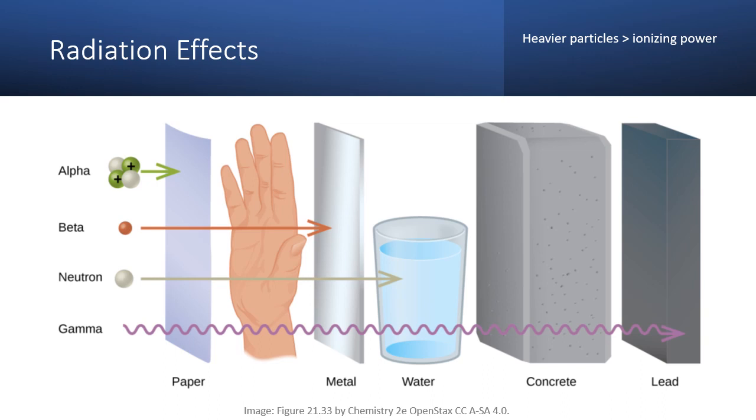Neutrons have more energy, and so they penetrate further, but they've got a similar charge to a beta particle, so they're ionizing about the same amount. And then gamma rays don't ionize very much because they don't have a lot of mass, but they do have a lot of energy, so they can penetrate really far through meters of concrete and through lead. Lead being a very dense thing, which is likely to stop stuff.